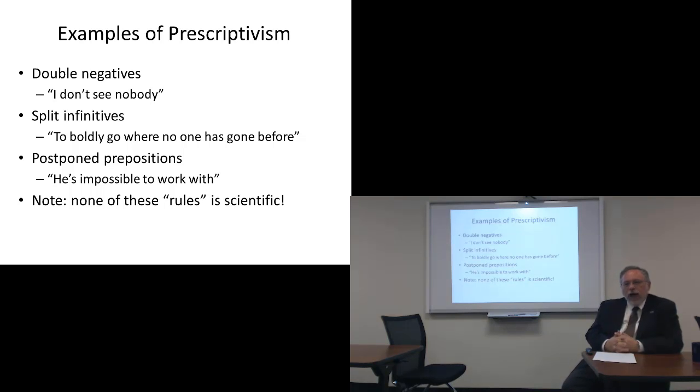So again, none of these rules is really scientific. All of these rules have just to do with either preferences of the individual, or this idea that English should sound more like Latin, or this idea that you should avoid varieties of language that are considered substandard or associated with people of limited income or some ethnic groups that people may not like.